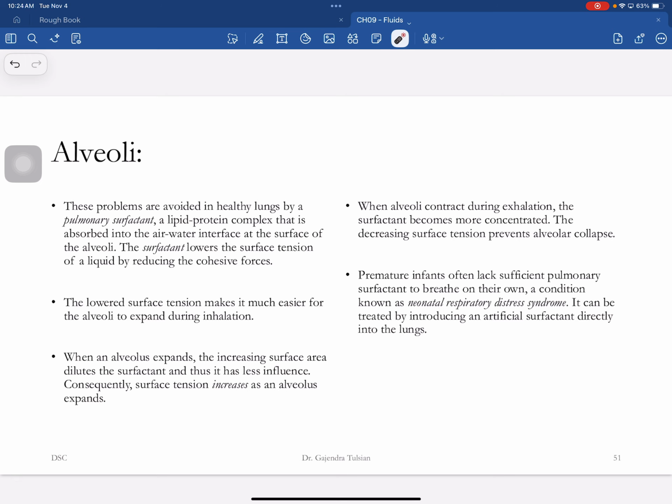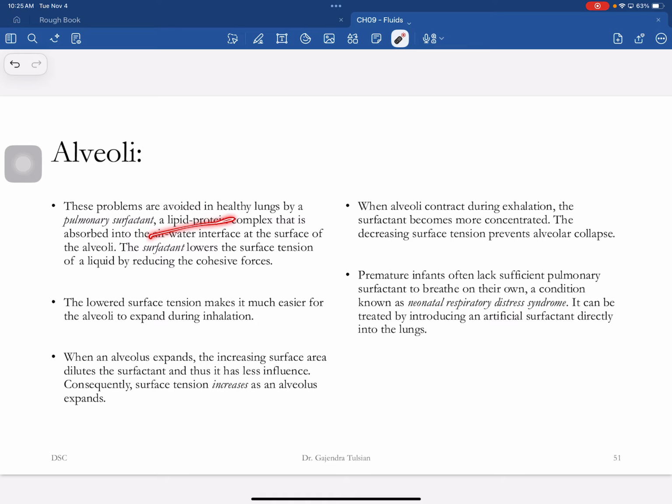These problems are avoided in healthy lungs by pulmonary surfactant, a lipid protein complex that is absorbed into the air-water interface of the surface of the alveoli. It reduces the surface tension of the alveolus. Some babies don't have this lipid protein.